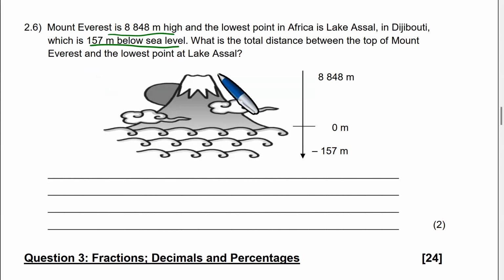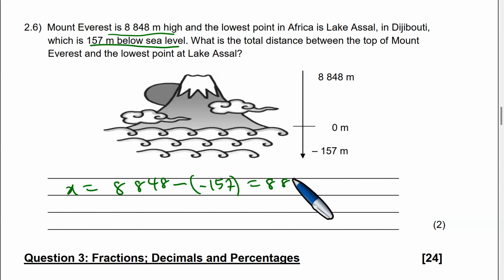So which means X is going to be 8,848 minus 157. What's the answer?